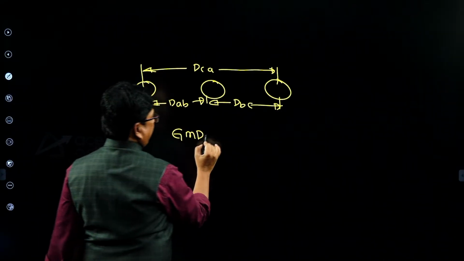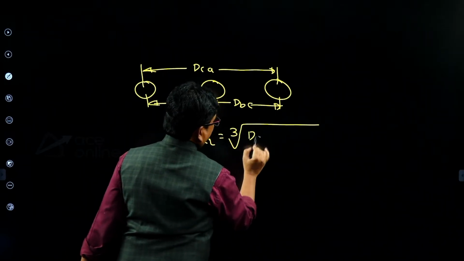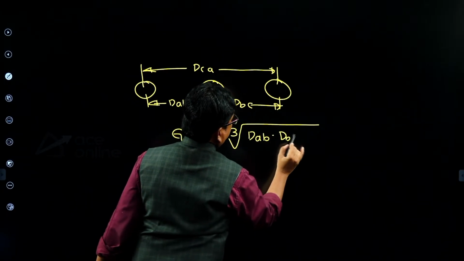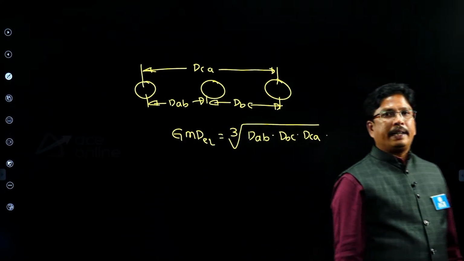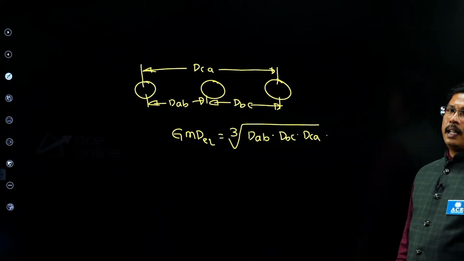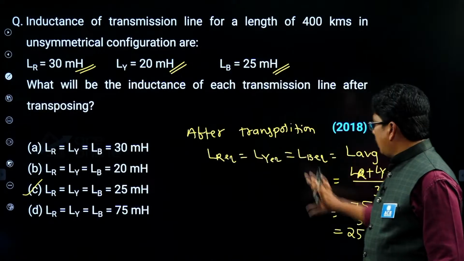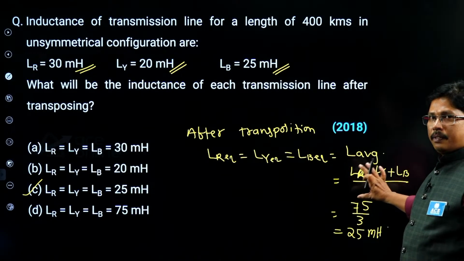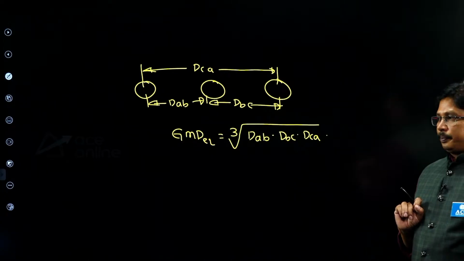The equivalent GMD we are going to get as cube root of DAB, DBC, DCA. Like that you can calculate the equivalent GMD. You will get the equivalent GMD value, students.